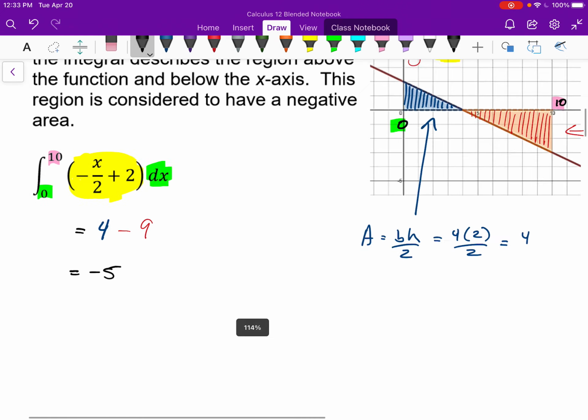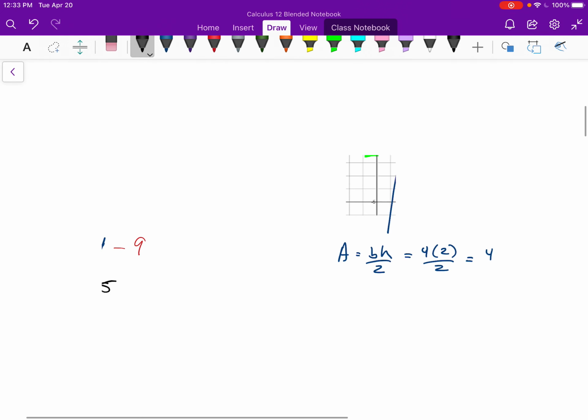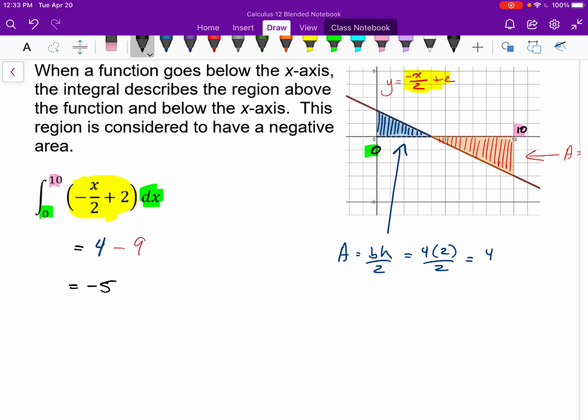And so going forwards, when we're dealing with an integral, a negative value makes sense. A negative area makes sense. It represents an area below the x-axis. Or in this case, it represents the sum of these two areas, but the area below was greater than the area above, so altogether we have a negative area.